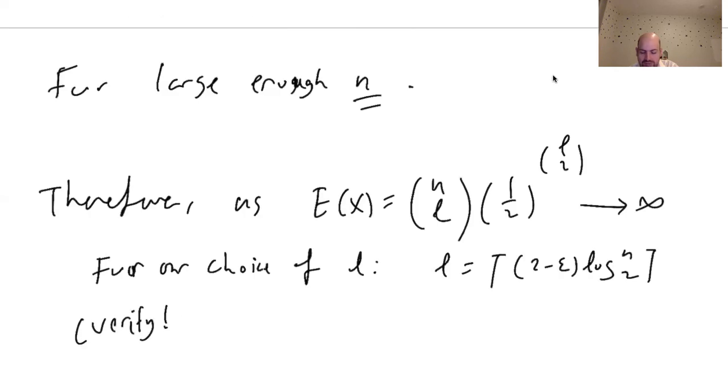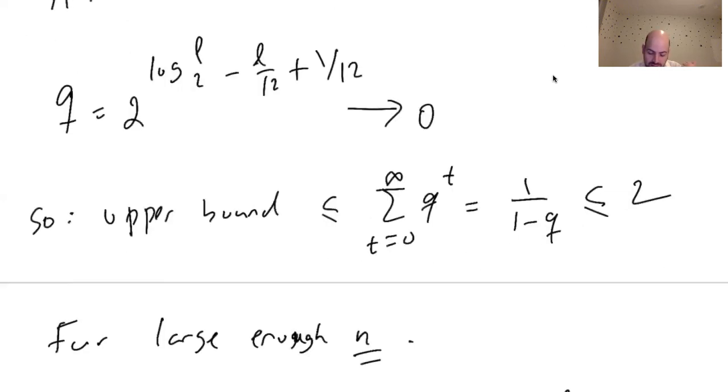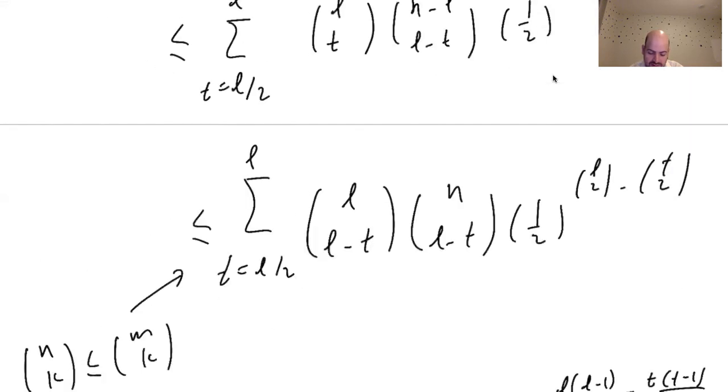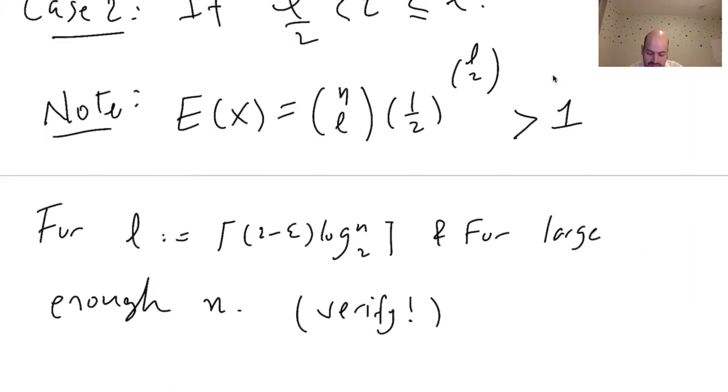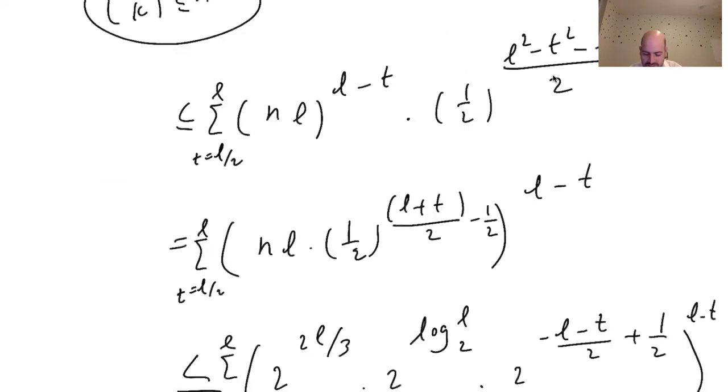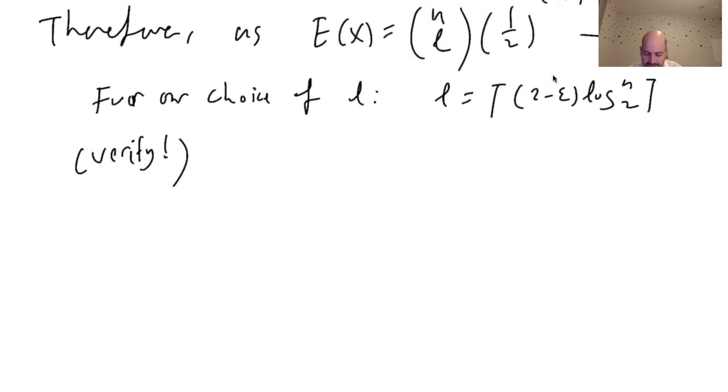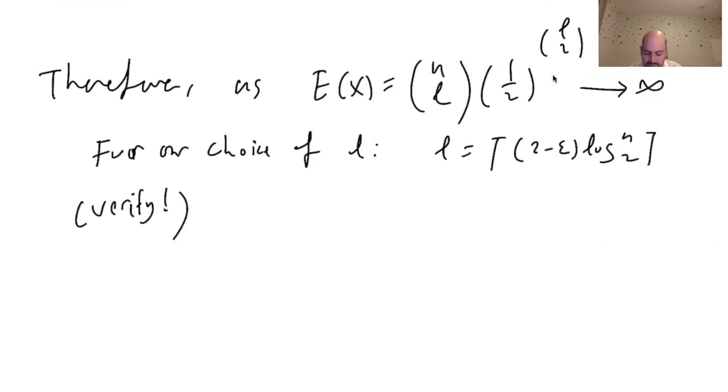You can verify this one. Once you verify this, of course, it will be bigger than 1 for large enough n, which is the previous claim that we made. I also left this one for you to verify. So you don't need to verify this separately, just verify that it goes to infinity for our choice of L.